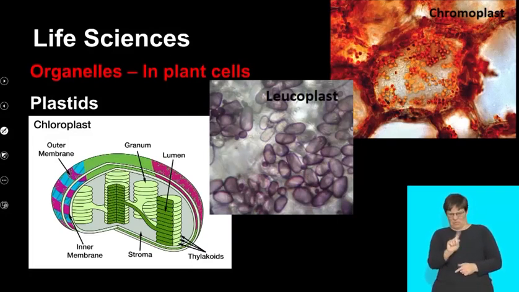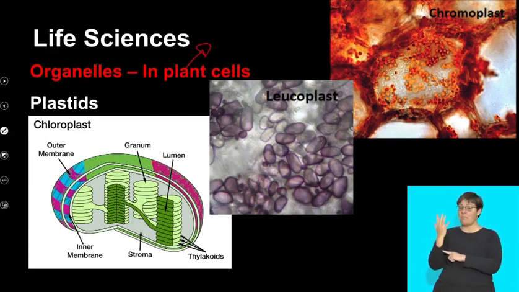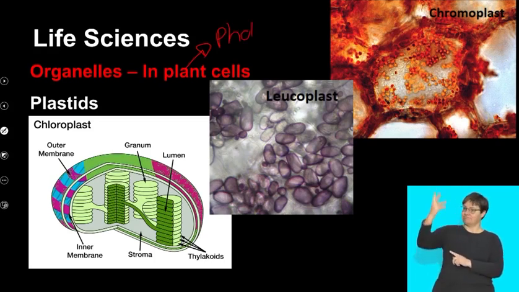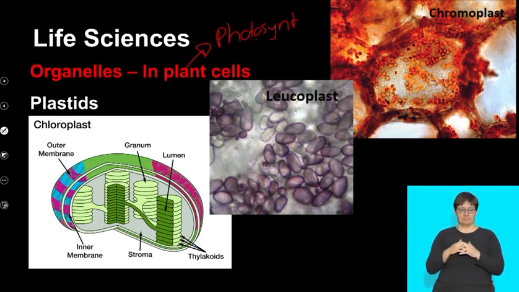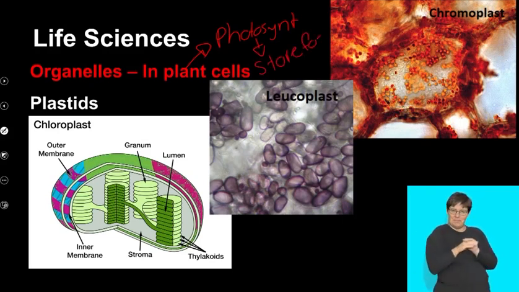A plastid means plast, which means a color. Now, plant cells, very importantly, can photosynthesize. And what we mean by that is they can make food. So when they make food, they also need to store food. Right, so what can plants do?